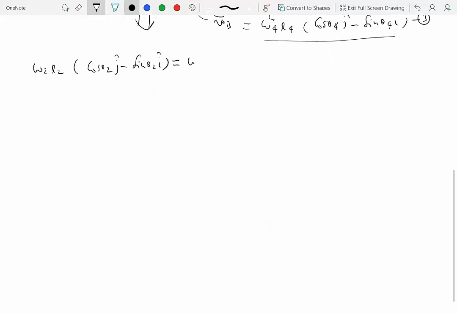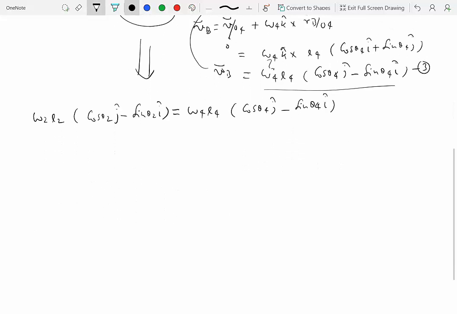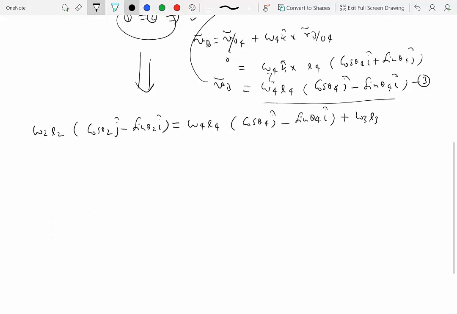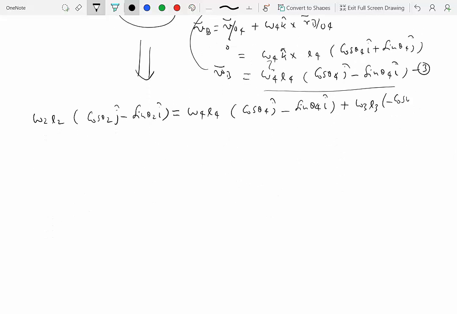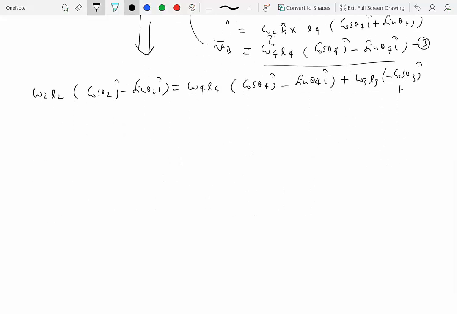That's omega 4 L4 cosine theta 4 j hat minus sine theta 4 i hat, and then we'll write this last term, which is plus omega 3 L3 minus cosine theta 3 j hat plus sine theta 3 i hat.